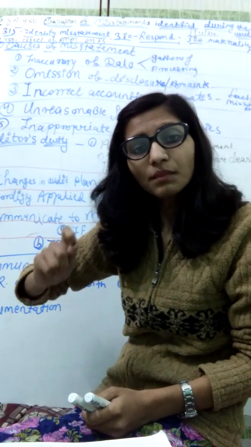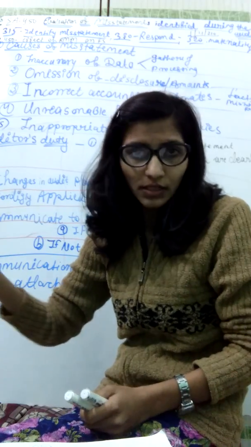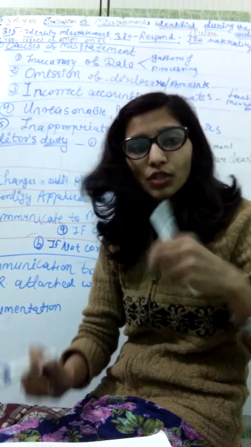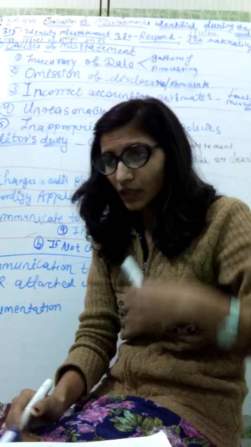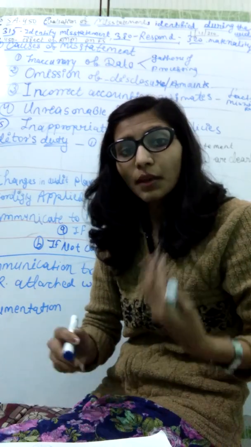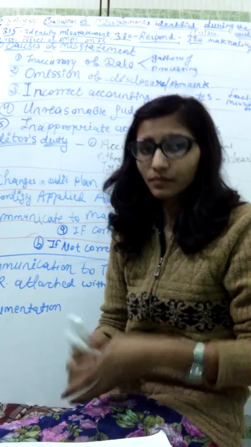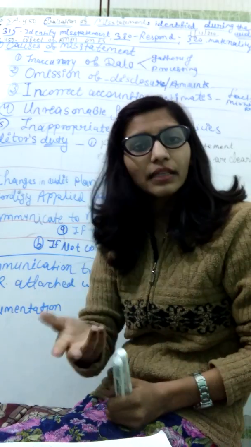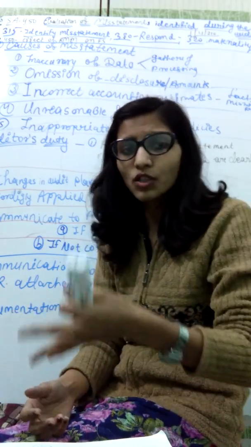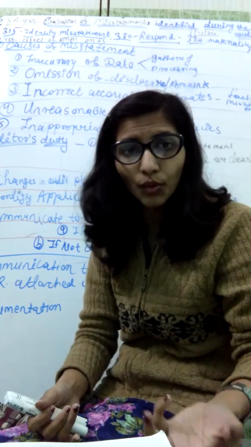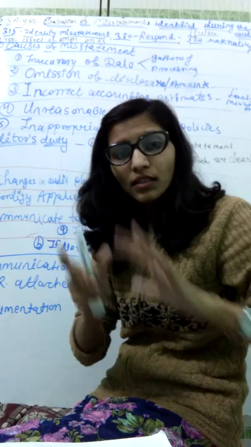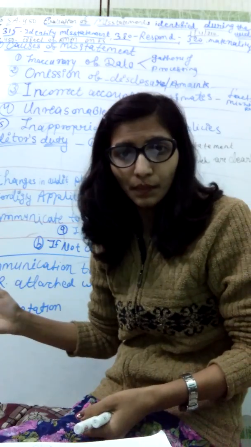We communicate to those charged with governance, and we request them to correct the misstatement. We can also take a written representation from management if possible. Then TCWG, you attach this written representation with your audit report.